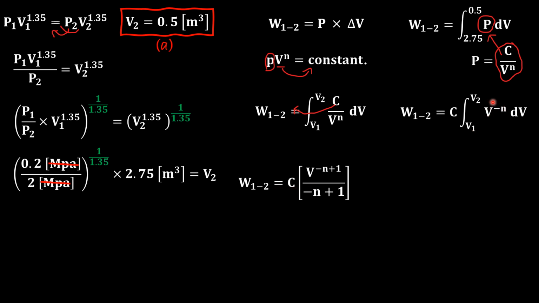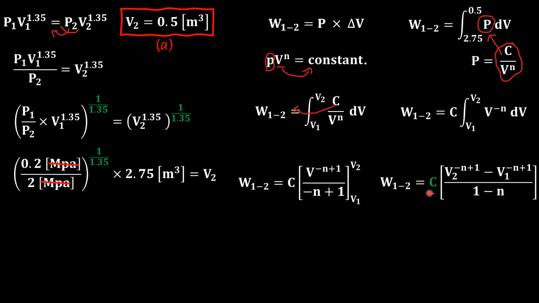So using integration rules, V to the power minus n will give you V to the power minus n plus 1 divided by minus n plus 1, from volume 1 to volume 2. And then we will subtract volume 2 with this expression minus volume 1 with this expression. That's what we did in here. And in the denominator, we rewrote this as 1 minus n.